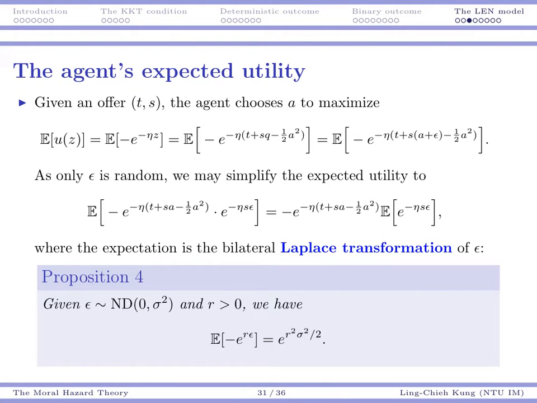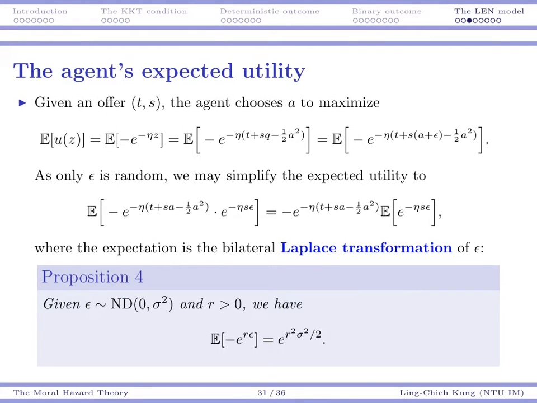Okay, so now we have the model. Our task is to derive the optimal compensation plan and the equilibrium action. So let's try to do this. First, we need to analyze how the agent will choose his action. So, given an offer, T and S, the agent will choose action A to maximize his expected utility, which is this guy.